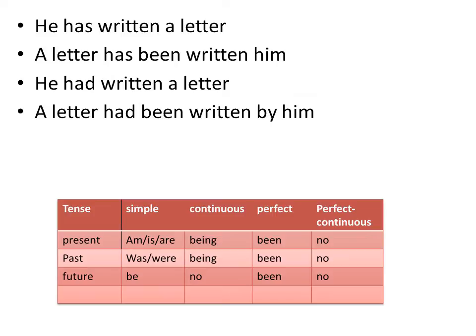Then the sentence will be like that, letters have been written, because we have to take the auxiliary according to the new subject, not the old subject. Here in the first sentence, he is third person singular. That is why has is used.